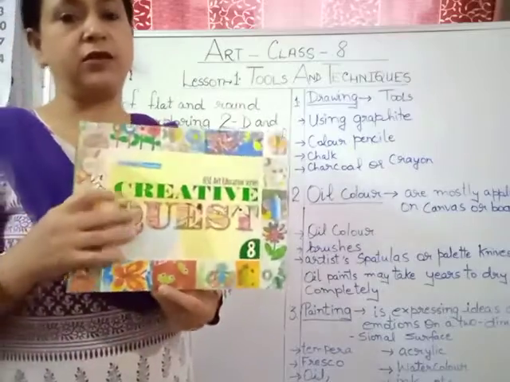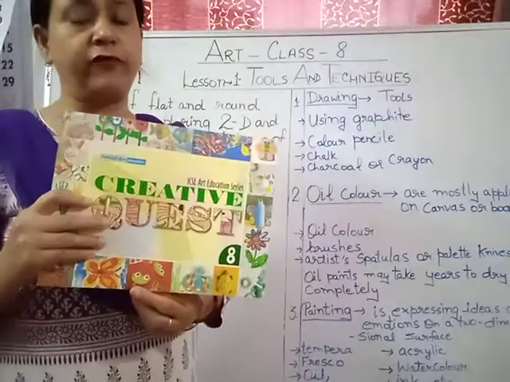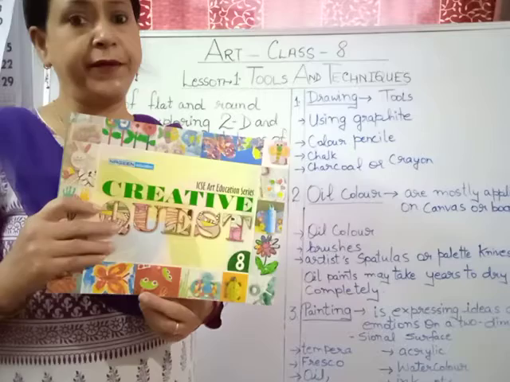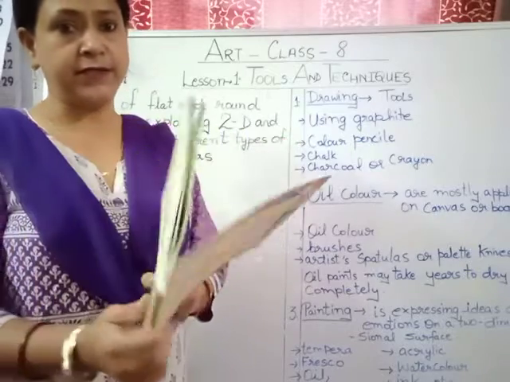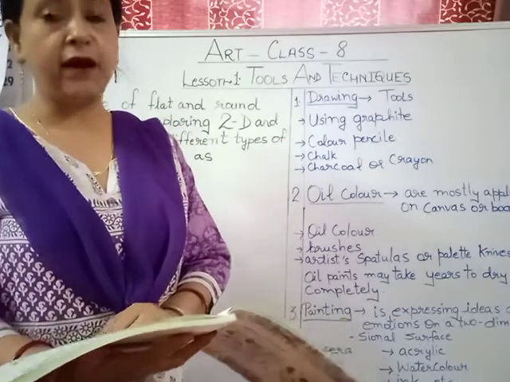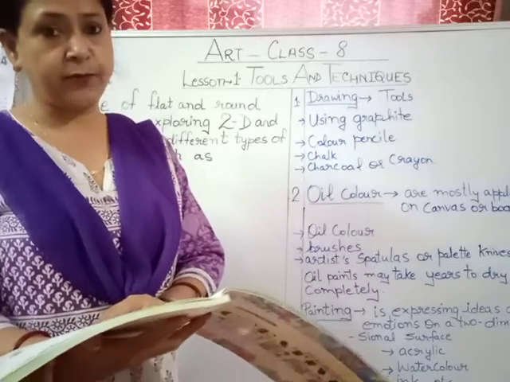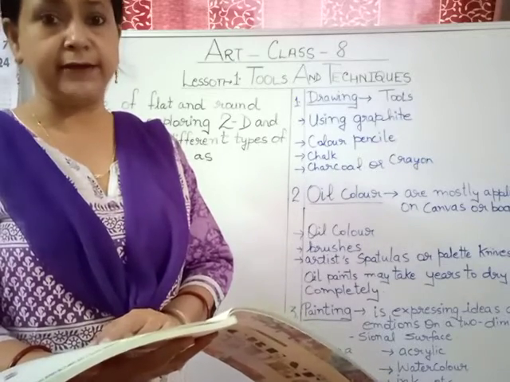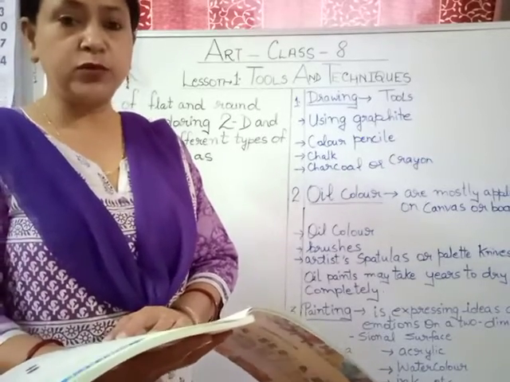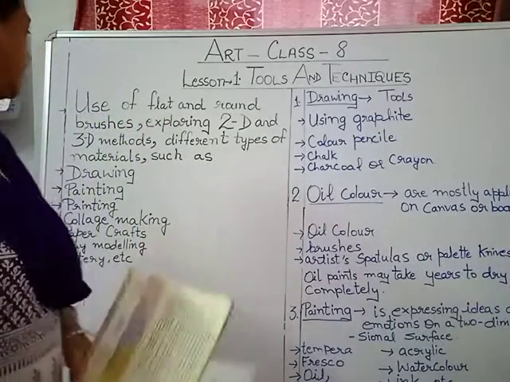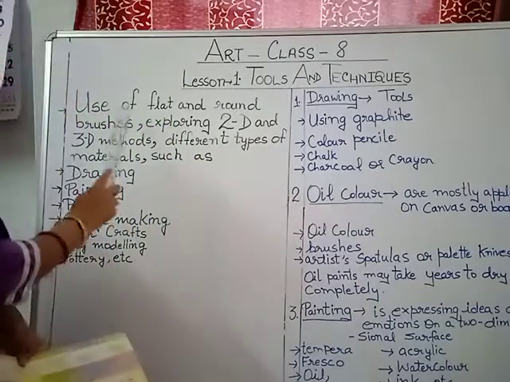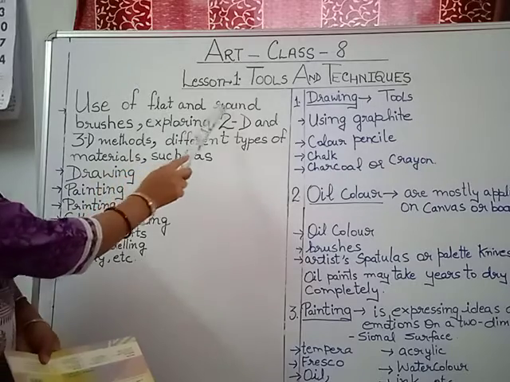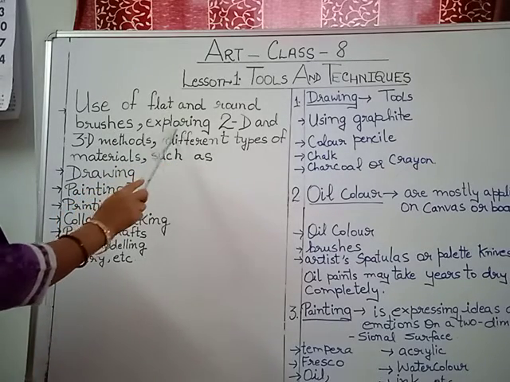Children, this is your Creative Quest book of class 8. We are going to do the following topics. The first topic we are covering is tools and techniques. Use of flat and round brushes.